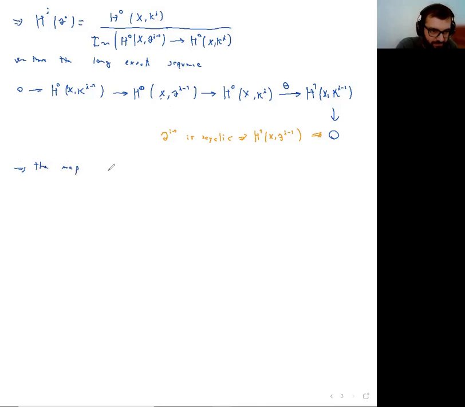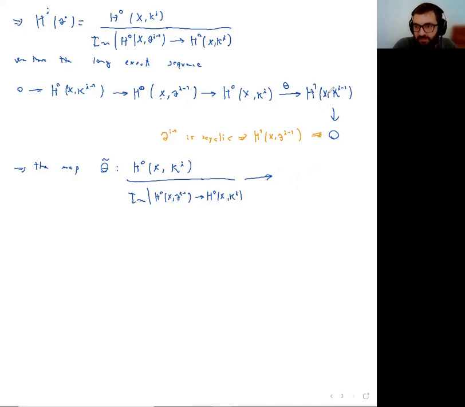The induced map, θ tilde, goes from H^0(X, K^i) modulo the kernel of θ, which is nothing but the image of the map H^0(X, F^{i-1}) into H^0(X, K^i), into the image, and the image is everything because this last map is surjective. So this is an isomorphism.